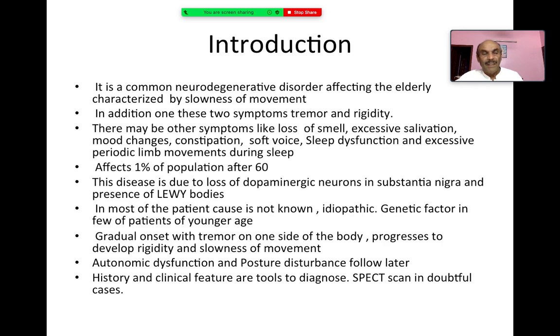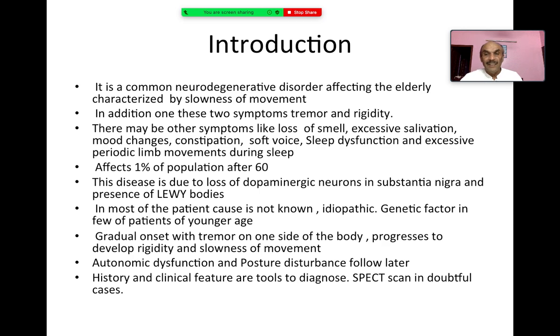There may be other symptoms like loss of smell, excessive salivation, change of mood, constipation, soft voice, sleep dysfunction, and sometimes excessive periodic limb movements experienced by some of the patients during sleep. It affects nearly 1% of the population after 60 years of age.